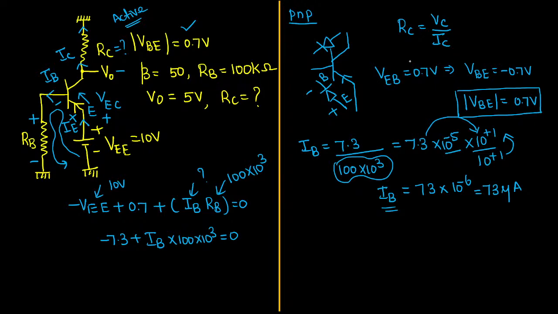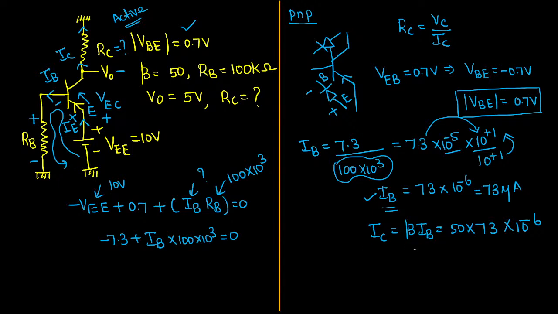That is why I am doing this now: we have calculated the base current. From this I can say collector current IC equal to beta times IB. What is the value of beta? Beta is already given, that is 50, into the value of base current, which we just found, 73 into 10 power minus 6.